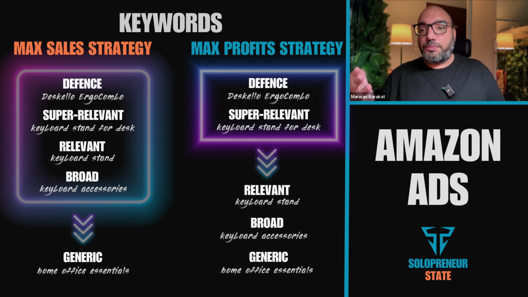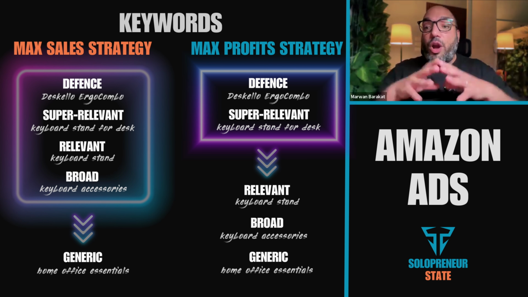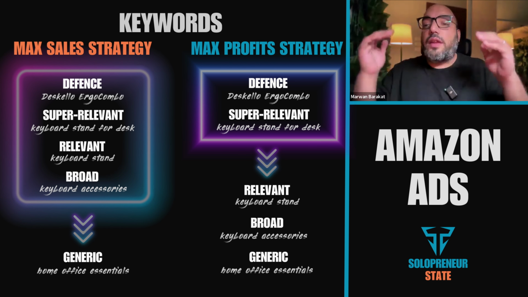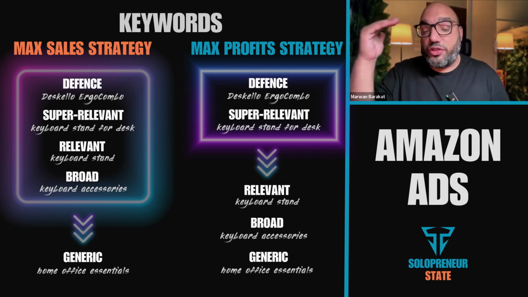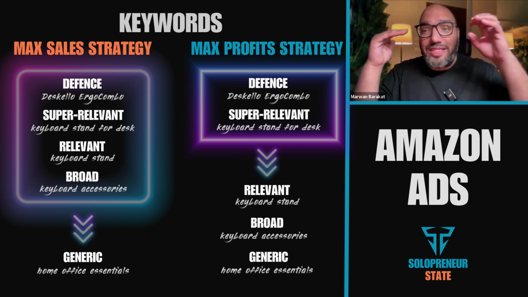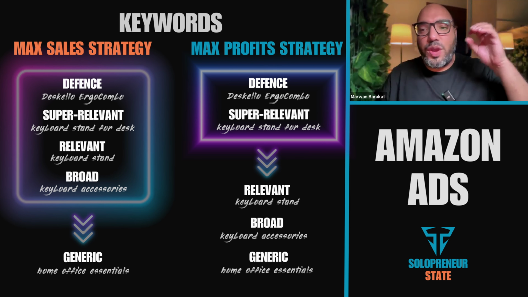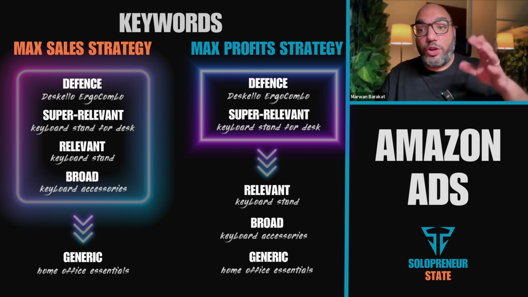You know what I mean? Because again, the broader you go, the lower your click-through rate will be, the lower your conversion rate will be, and the higher your cost of acquisition will be. So if I'm not profitable at the most fundamental level, the most relevant keywords, the super relevant keywords, there's no way I'm going to be profitable for the generic ones.